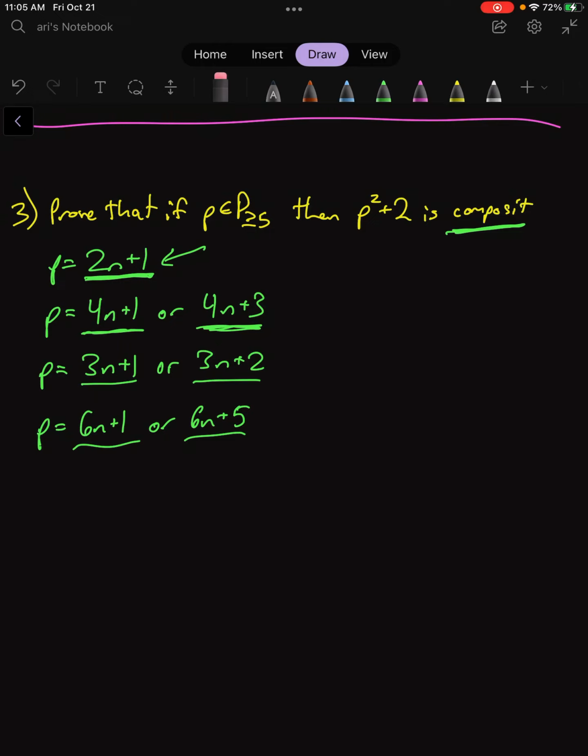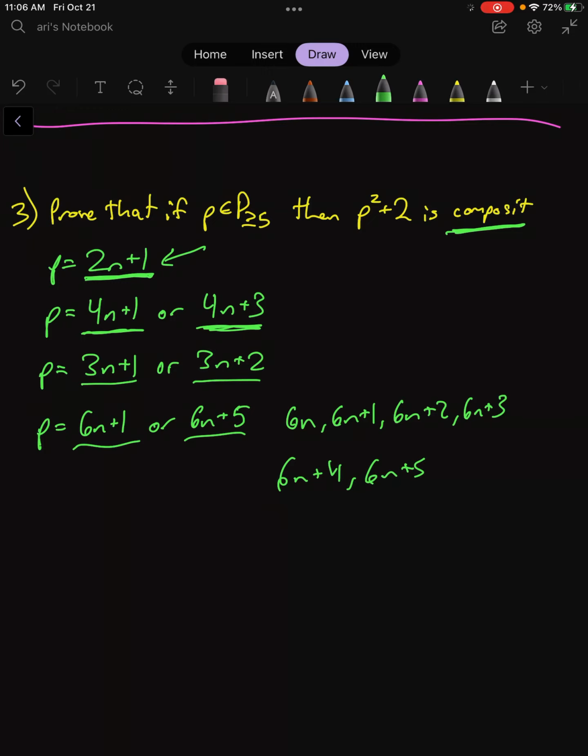And the reason 6n plus 1 or 6n plus 5 is a good one is because we know that the naturals follow 6n plus 1, 6n plus 2, 6n plus 3, 6n plus 4, and 6n plus 5.